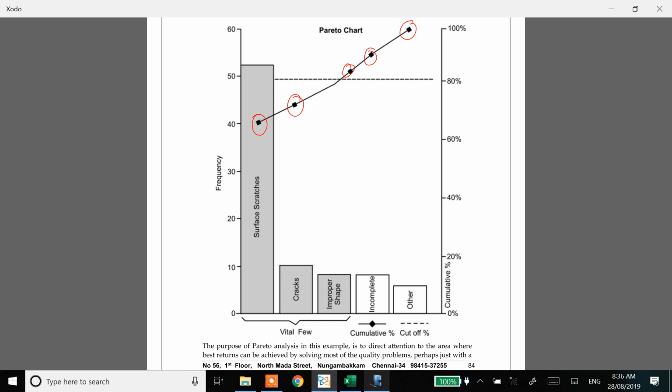I need to get 80% results. That's the target. It is available in your printed solution, but just once if you do, you'll at least understand what is to be done in case of a Pareto's chart.